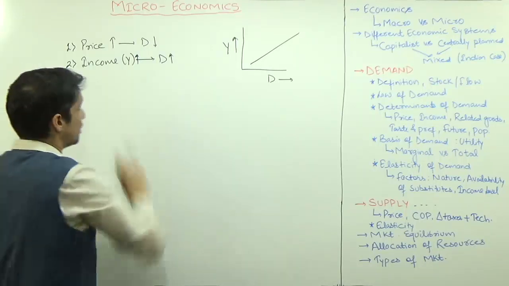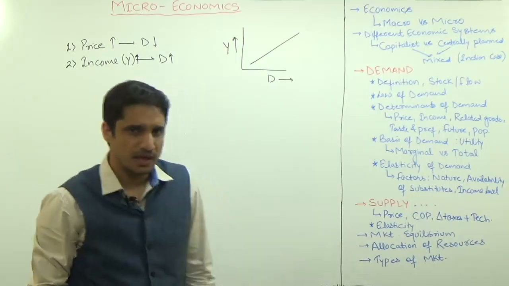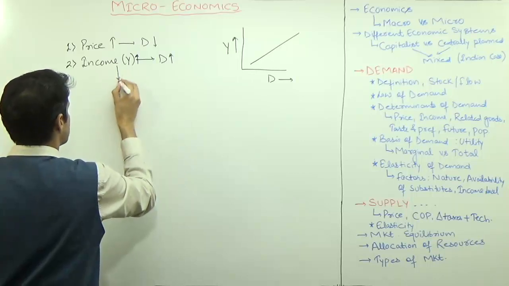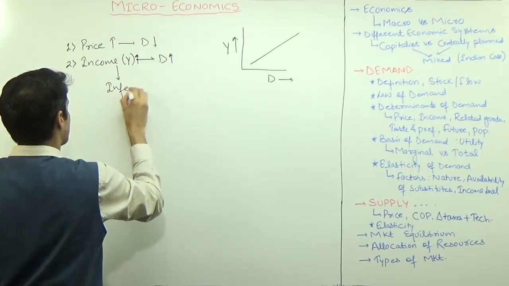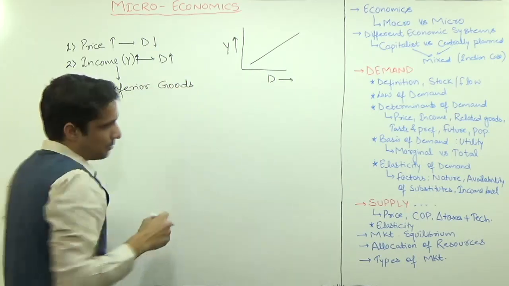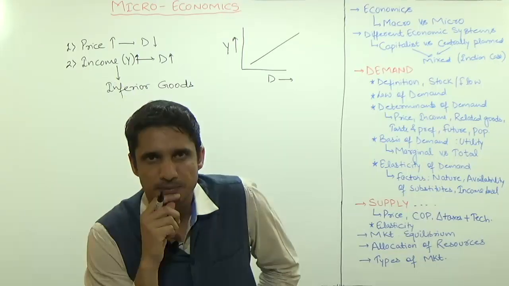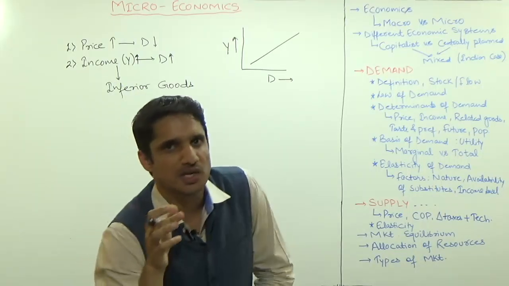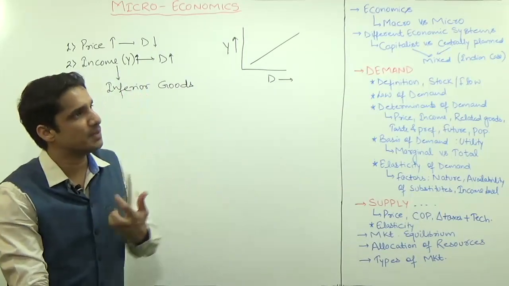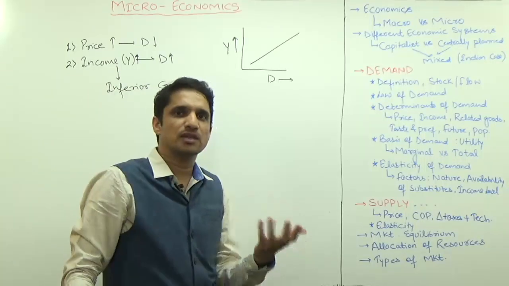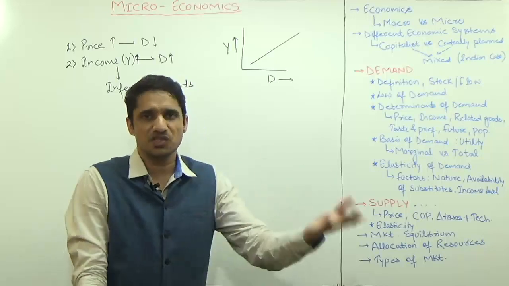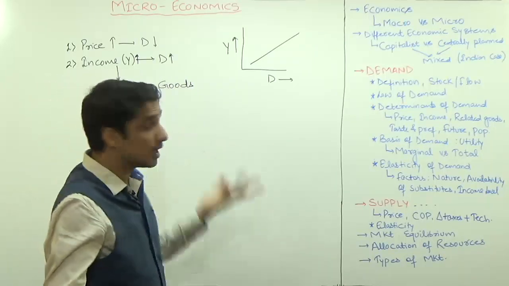But there is an exception to this particular relationship, and these special types of goods are known as inferior goods. For example, suppose you are consuming bajra and jawar, which are known as coarse cereals. Suppose your purchasing power is not that much, so rather than consuming wheat and rice whose price is more, you will consume bajra and barley maybe.